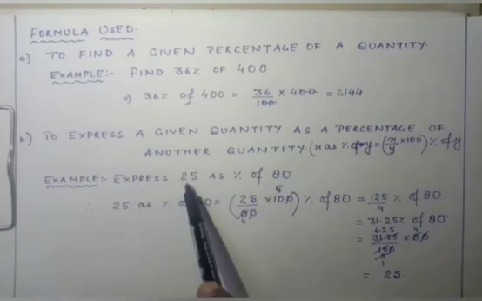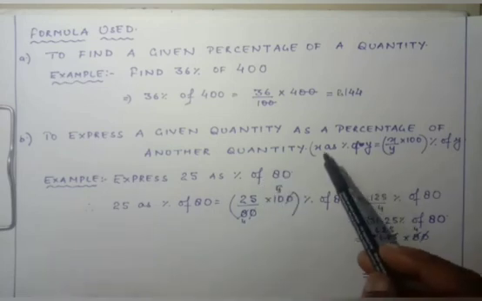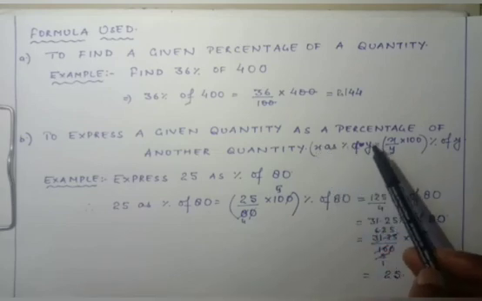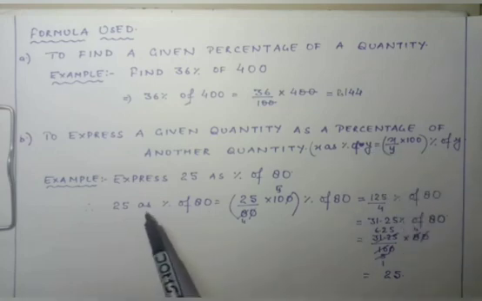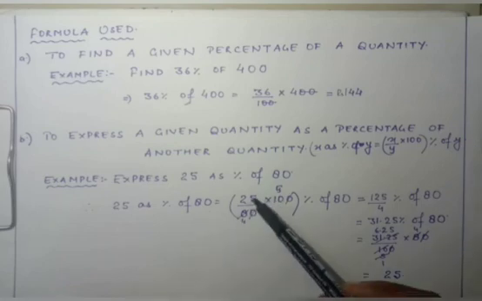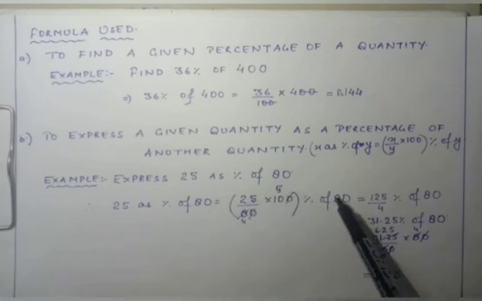Express 25 as a percent of 80. Now we are going to use this formula. In place of x, I am going to place 25, and y means 80. So 25 as a percent of 80 is equal to 25 upon 80 into 100%.